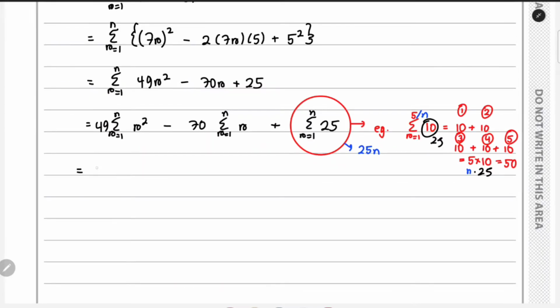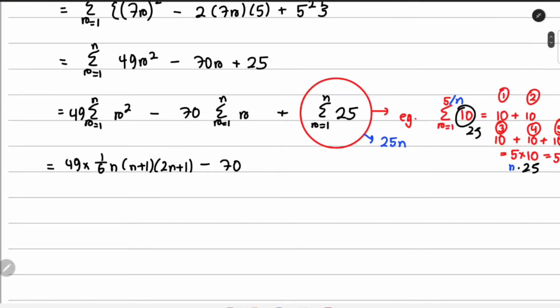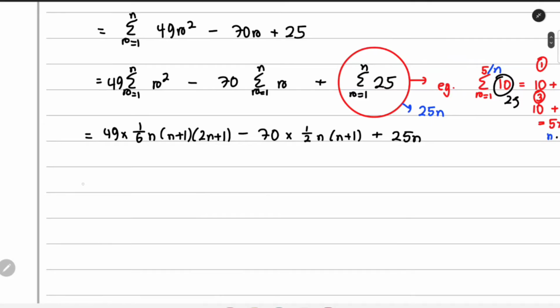Now, coming back here, we can just apply the formulas directly. We have 49 times n over 6 times (n plus 1) times (2n plus 1). This is for r squared. I wrote 1 over 6 n as n over 6. Then I have minus 70 times half n times (n plus 1), and I add 25n. Now I'll keep on simplifying this.